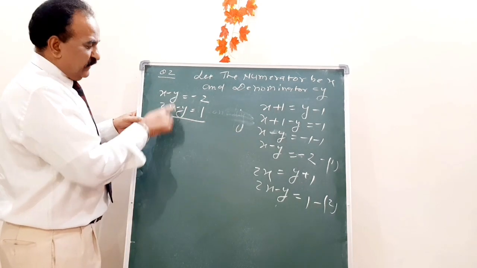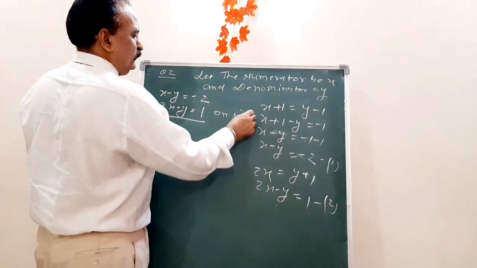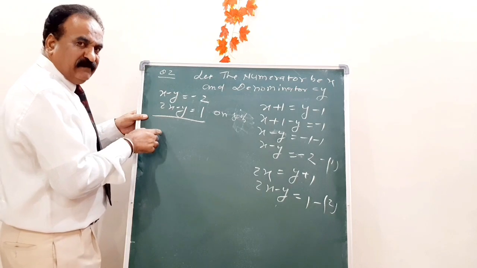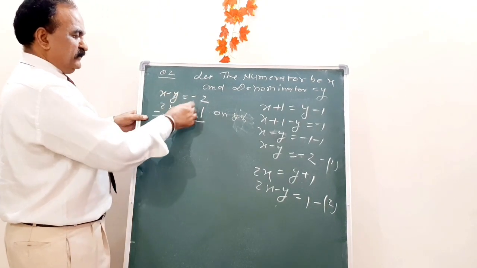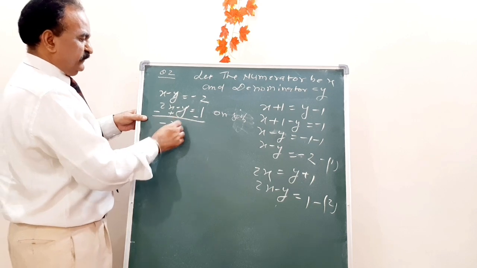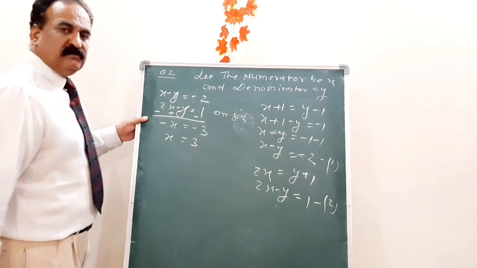If you are adding, can you cancel it? No. Then you will write here on subtracting. Subtracting means sign will get changed. This is minus, this is plus, this is minus. This is cancelled. It means minus x is equal to minus 3. So x is equal to 3.